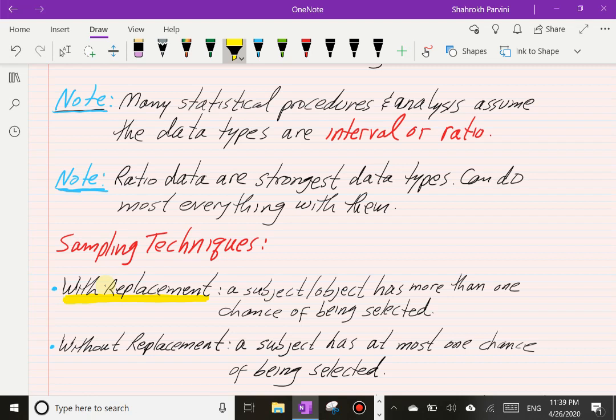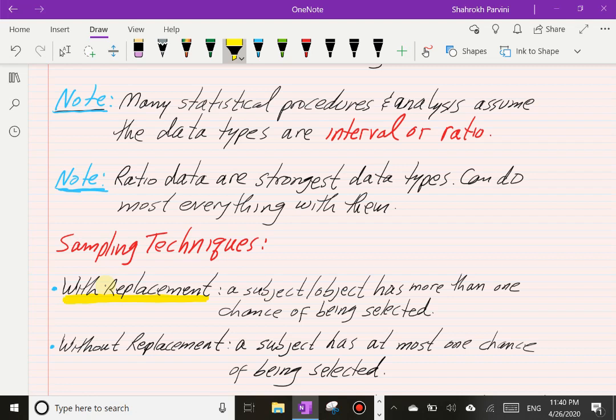If I'm doing my sampling without replacement, the first person has a 1/10 chance of being selected. But once you select that person, if you don't put him back into the population, now the next student in the class has 1 in 9 chance of being selected.